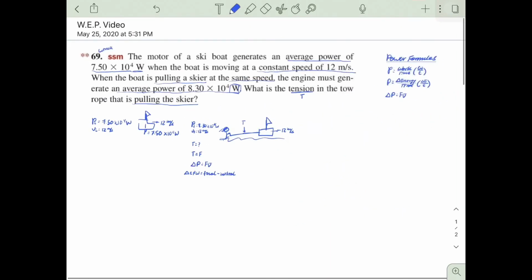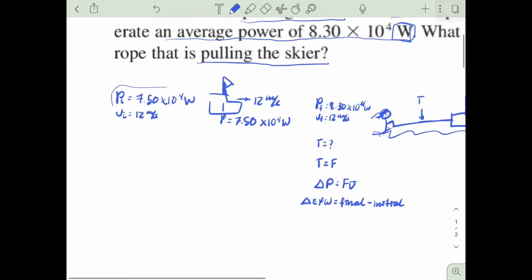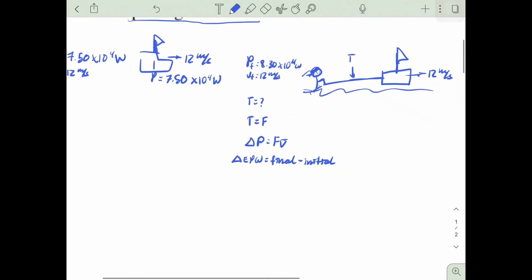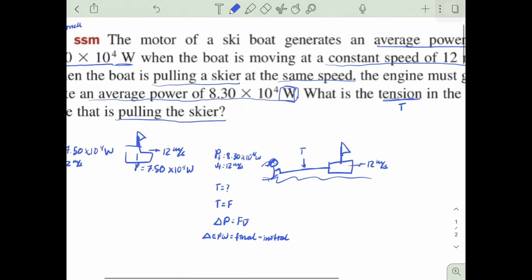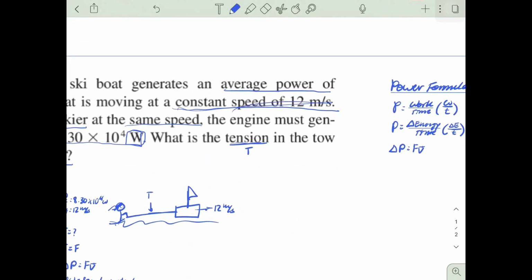The change is just the final minus the initial. Now, we already established before what our final and initial powers were, and we already know what the velocity is, which is constant.